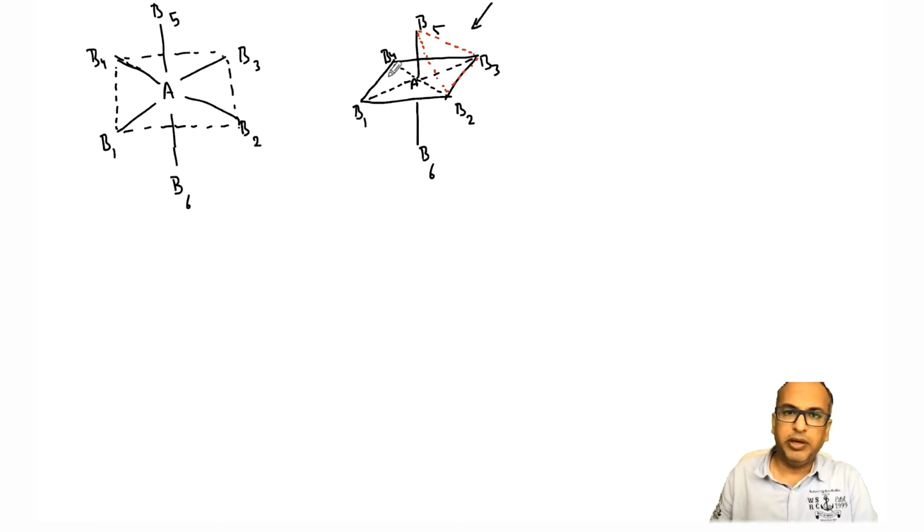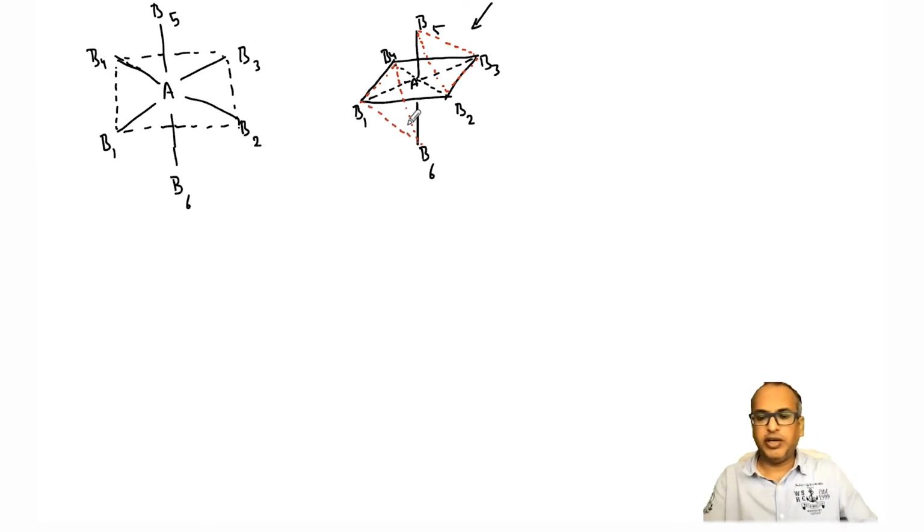Similarly, B1, B4, B6 also form the face of an equilateral triangle. So if we look via equilateral triangles, keeping equilateral triangles on the front face, it will be interesting to see how the molecule looks. These are the equilateral triangles that we have drawn.